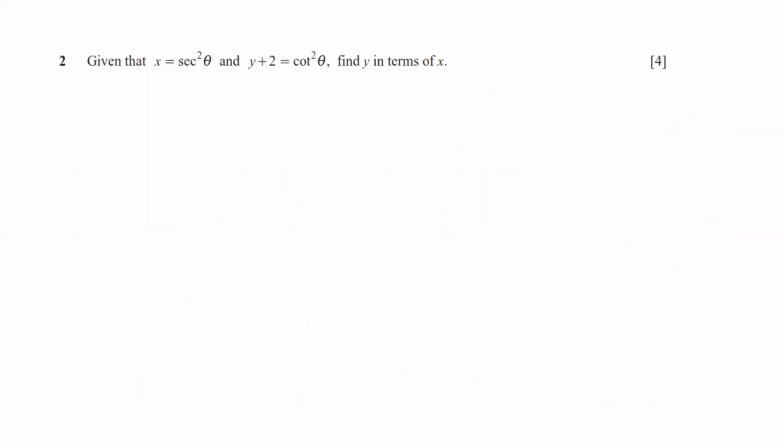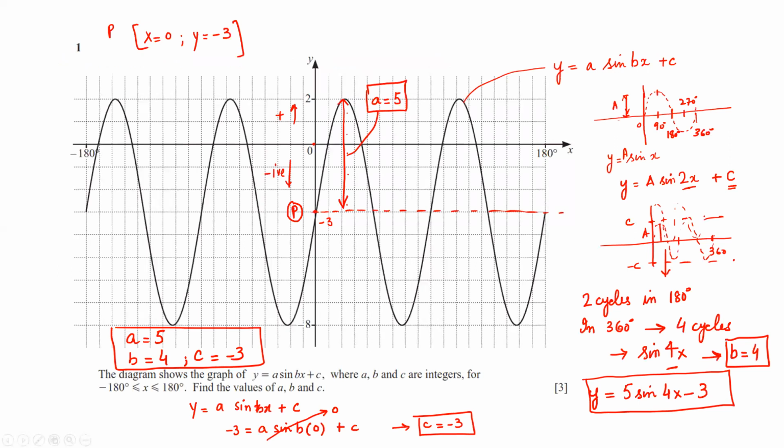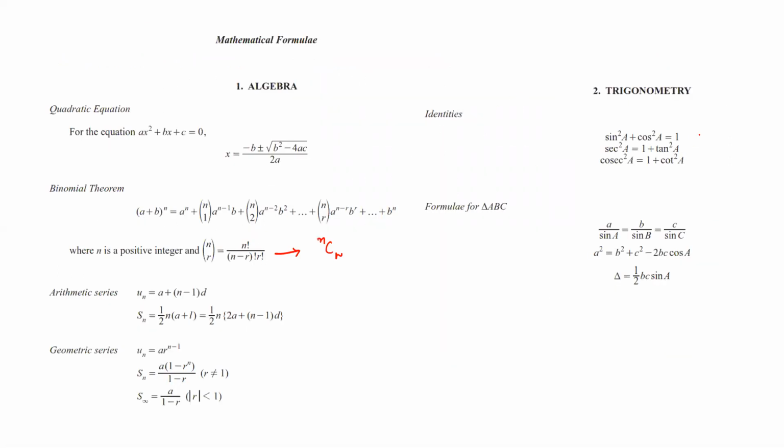So moving to the next question, question number 2. It says, given that x equals secant square theta and y plus 2 is equal to cotangent square theta, find y in terms of x. We remember from the trigonometric formulas that we are given these formulas, so you can always use these.